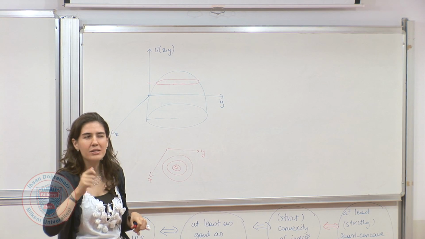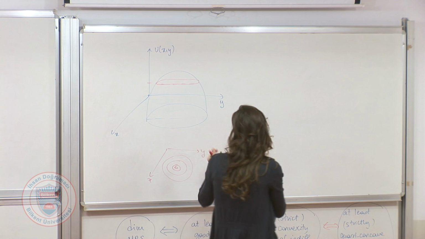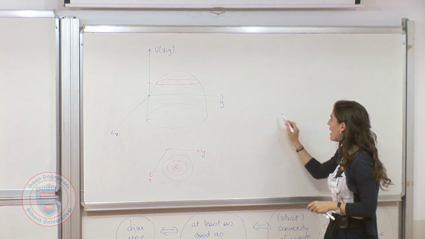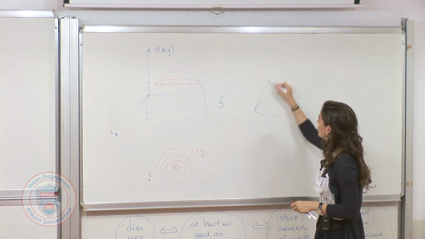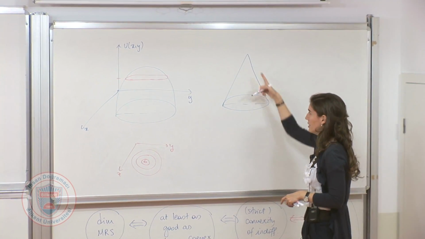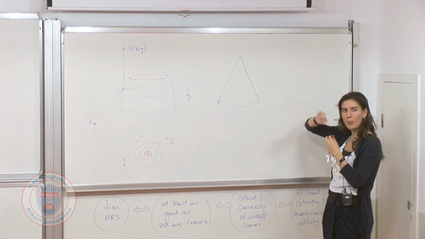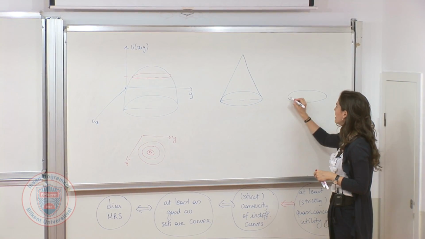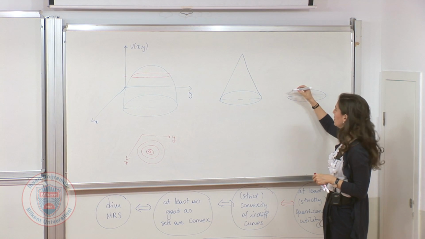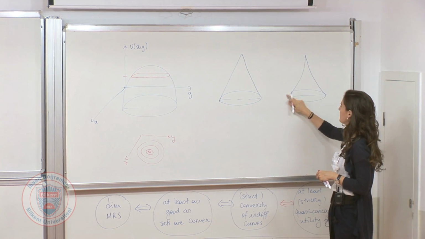These concave-ish versions are, for instance, instead of a dome, a cone like this. This also has nice sides. Instead of this perfect cone, you can have a pinched cone, where the sides are like this.